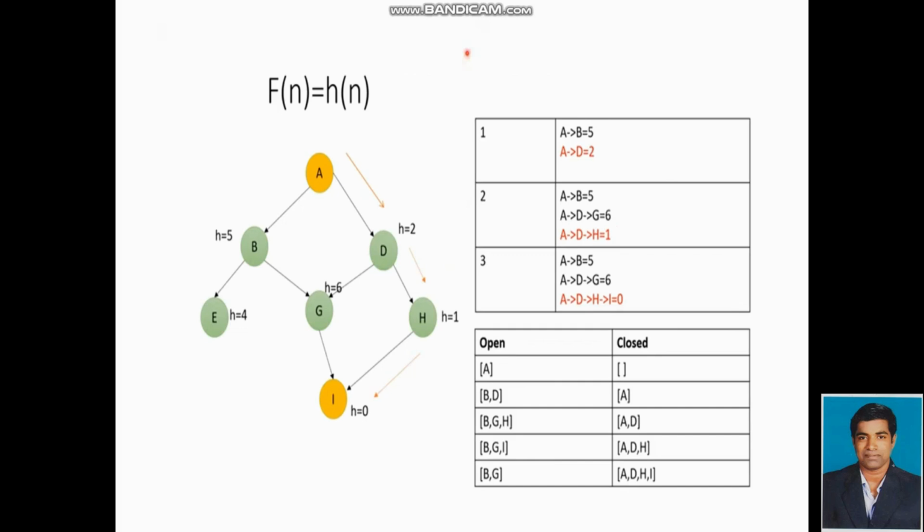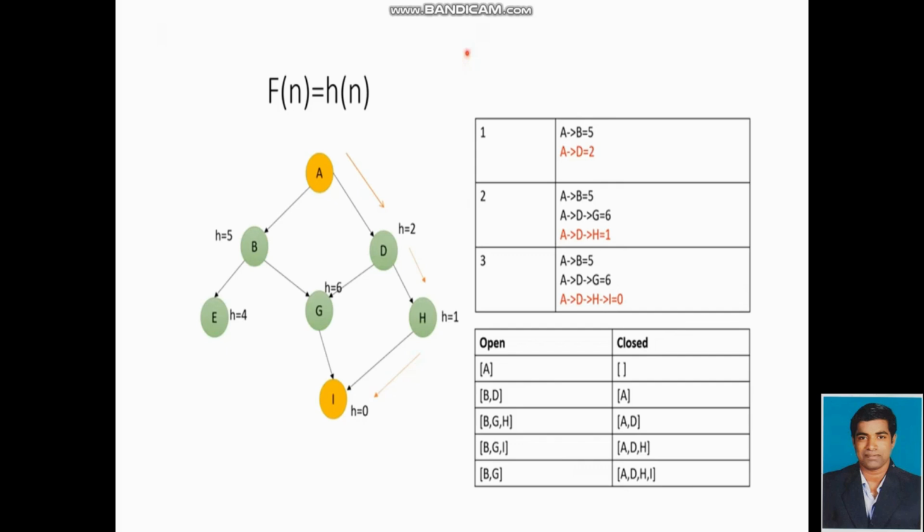For those, the heuristic value of A to D is the minimum, so we choose it, and A to B we write as it is in the next step. From D there are two possible transitions, G and H. ADG is 6, ADH is 1. Here ADH has the minimum heuristic value.